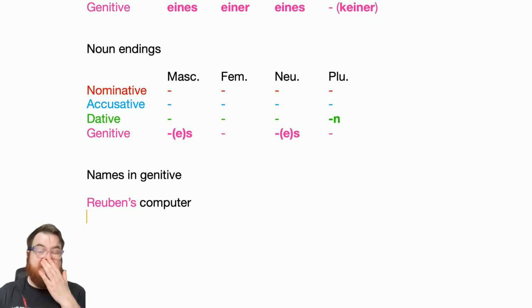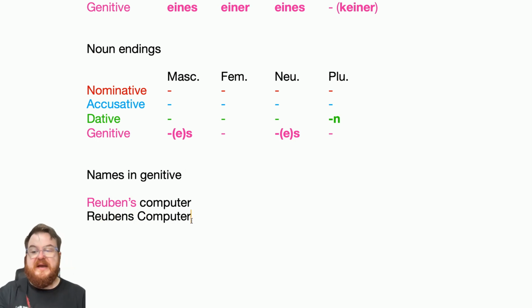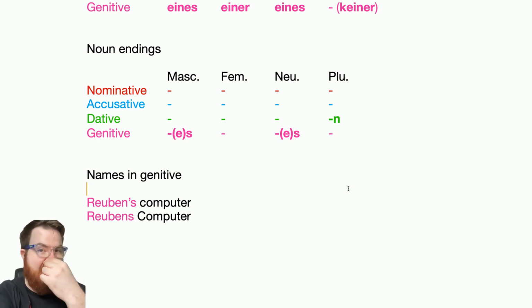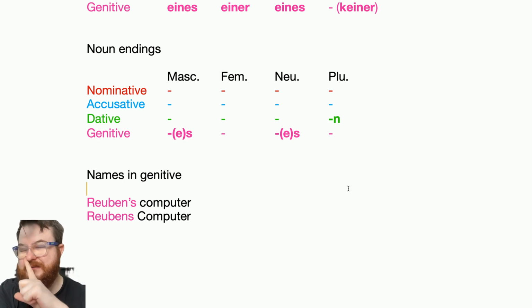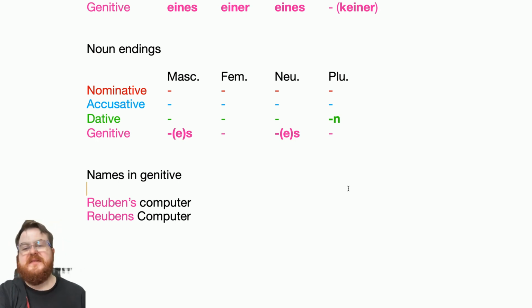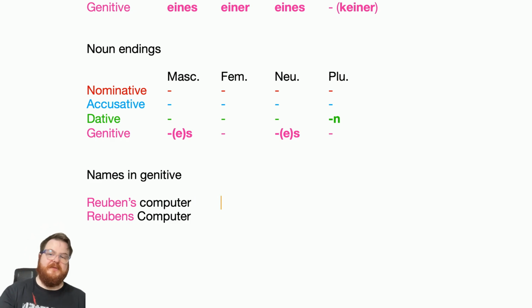If I wanted to say that in German, I would actually just say Rubens Computer. Remember that nouns need to be capitalized, and that's it. So if you're using a person's name, you put an S on the end of it. There's no apostrophe in German unless the person's name ends with an S.